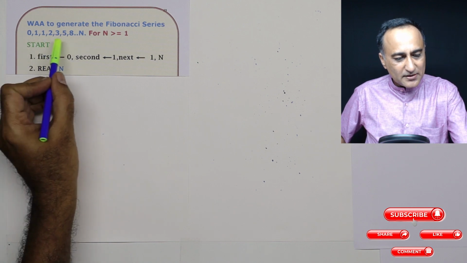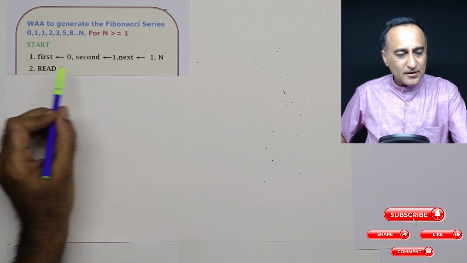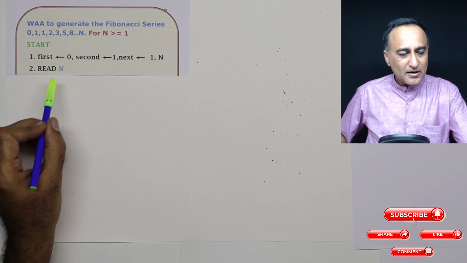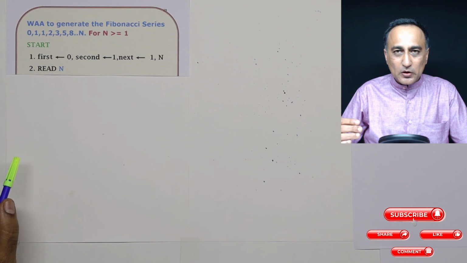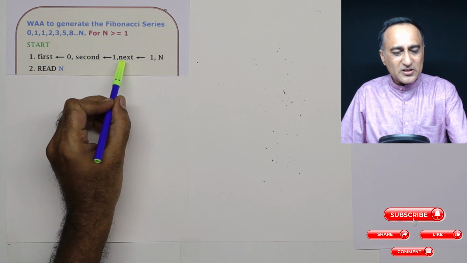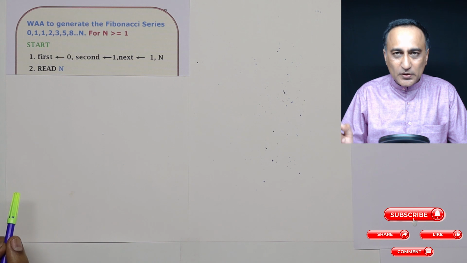In order to generate this pattern, I need to know the endpoint, n. So I'm going to ask the user to enter the value of n. Now in this do while loop, or the while do loop, I am going to keep generating this pattern as long as the value of next happens to be less than or equal to n.